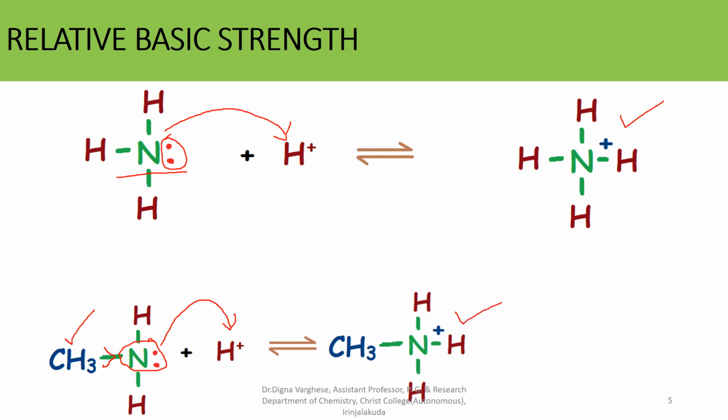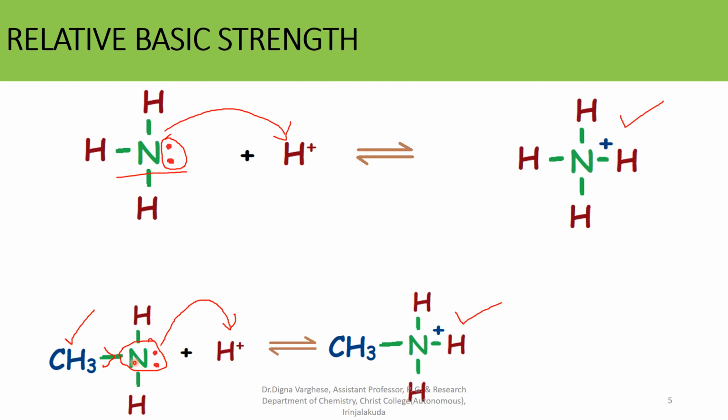In methylamine, the electron donating inductive effect, that is the plus I effect of the methyl group present, increases the electron availability on the nitrogen atom.